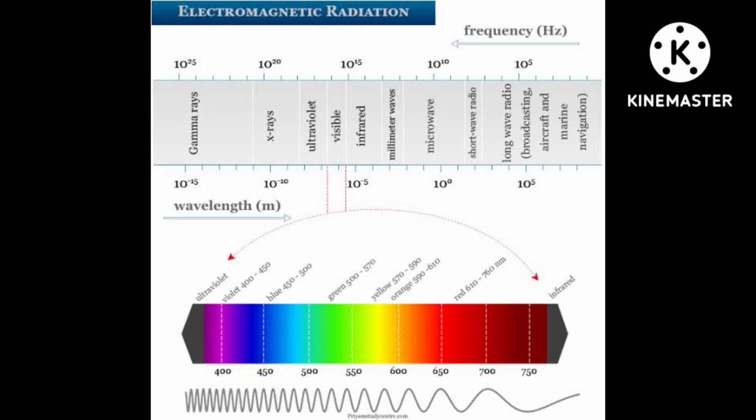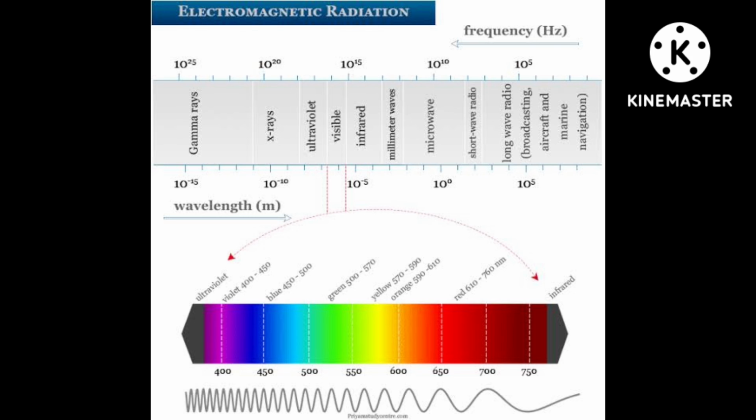Now the wave number is equal to 1 upon lambda, that is 1 divided by 5800 into 10 to the power minus 10 meter. Then result will come 1.724 into 10 to the power 6 per meter.